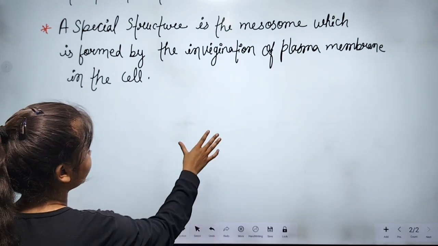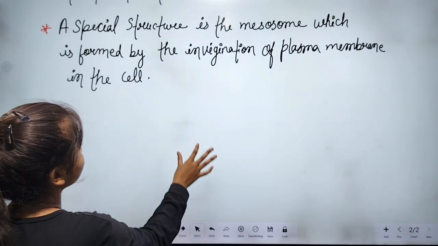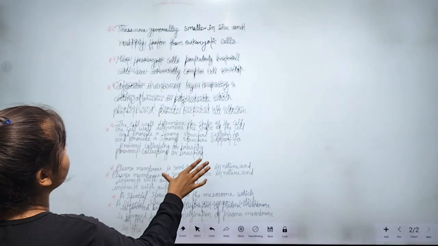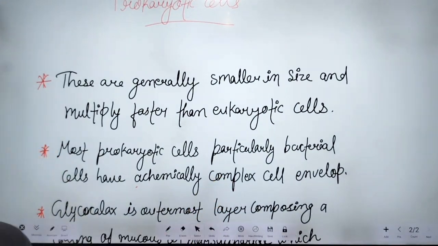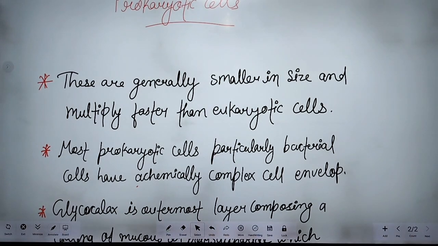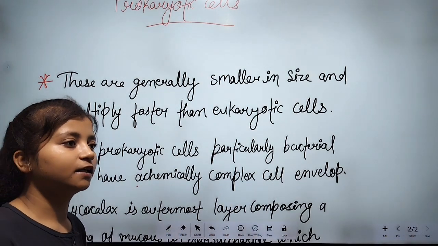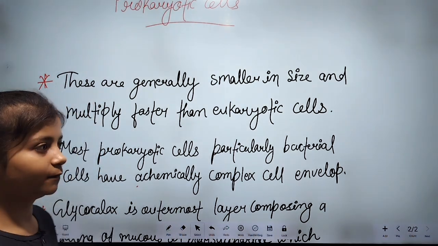So these are the main points related to the prokaryotic cell that you should know. The first one is that these cells are generally smaller in size and multiply faster than eukaryotic cells. After that, we have seen that most prokaryotic cells, particularly bacterial cells, have a chemically complex cell envelope, because a bacterial cell has three layers: first the glycocalyx, after that the cell wall, and the plasma membrane.